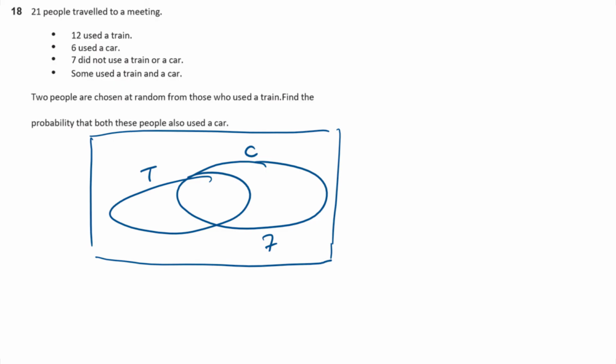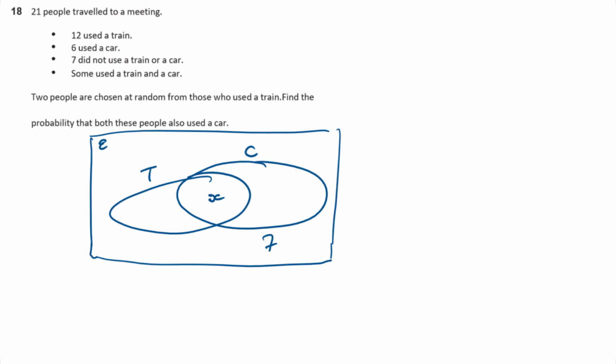Okay, so there's my Venn diagram, set of everything. And some used a train and a car, so there's definitely people in the middle. We know that everything is 21 altogether, so we need to work out what that x is in the middle.